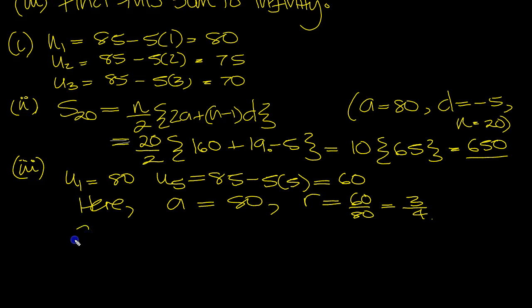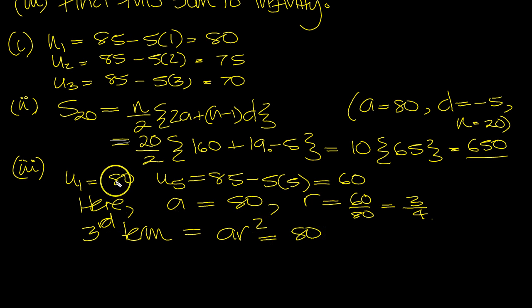So the second term of the GP we've just done, the third term we want, don't we? So the third term is equal to ar squared, which is equal to 80 times r squared.